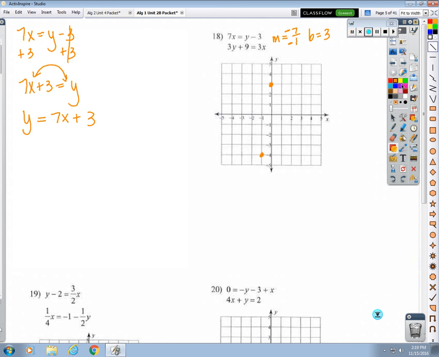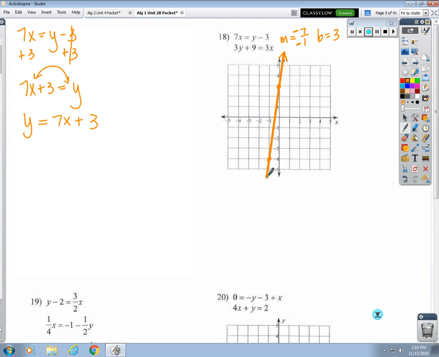Now, does anybody have any idea why that line is so steep? Well, it is a whole number, but if it were 3/1, it wouldn't be that steep. Right, the bigger your number gets, like 7's a large number compared to some we've seen, the steeper the line gets.